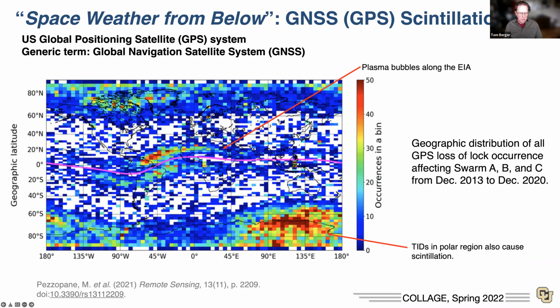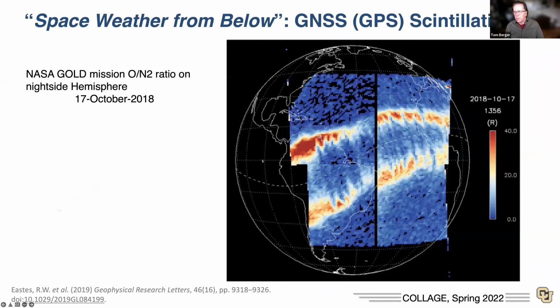You can see most of the occurrences are along the magnetic equator here and here, but a good number of them are also down here in the polar regions, which are due to those traveling ionospheric disturbances. Again, we'll see a good example of a TID effect next week when we talk about a big geomagnetic storm, which tends to generate TIDs very efficiently.